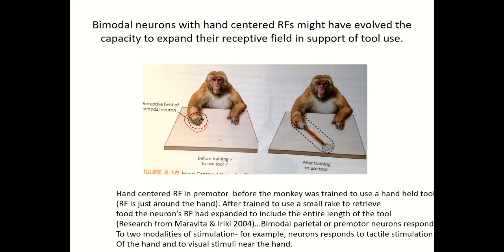And now his visual coordination changes, right, to perform the task, as well as the motor coordination changes. And interestingly, now when his hand was extended, then the receptive field size of that premotor neuron also changed, got elongated. So this is a very interesting finding.